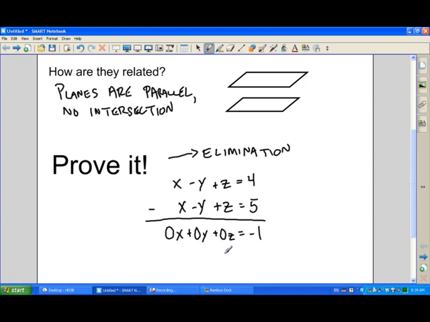This equation ends up being 0 equals negative 1. Remember from the first video, we said that this is math's way of telling us that this situation is false, which means no point of intersection, or intersection in general.